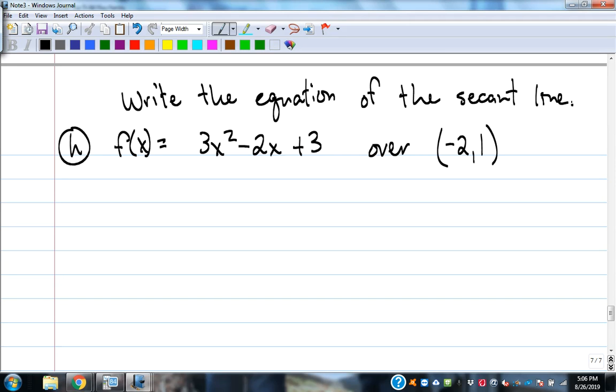Right? Write the equation of the secant line. All right. So we got the interval. Remember, these are x values. Those are x's. So we need y's to go with them. How do we get y's to go with x's? We do function value. Figure out what f of -2 is.